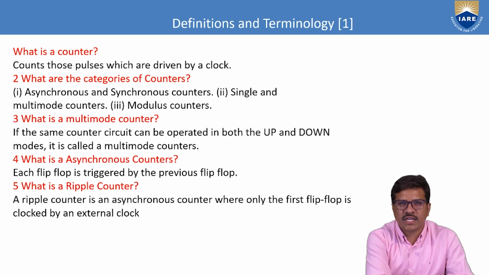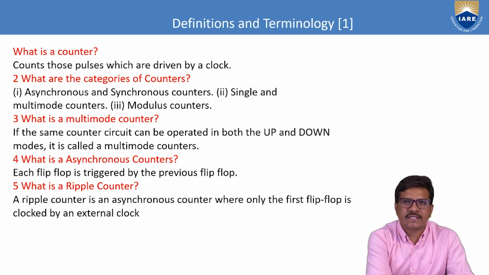And then what is a counter? A counter is basically a sequential circuit that counts pulses driven by a clock, counting binary values based on the number of flip-flops. A 3-bit counter with 3 flip-flops can count a maximum of 8 numbers.